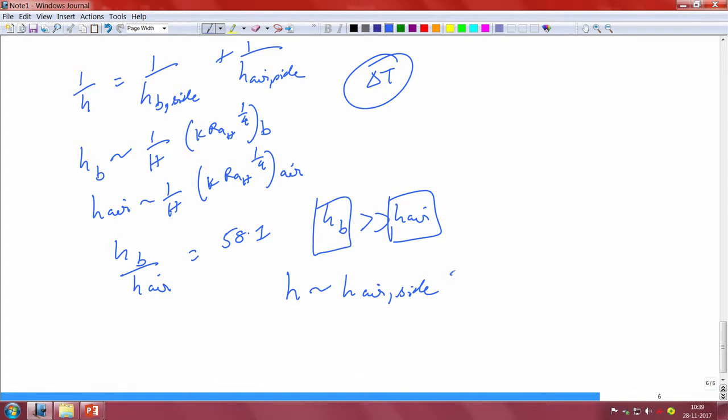Okay. So, this is basically therefore a constant times H raised to the power of 1/4, right. So, in conclusion, your T1 by T2, the time scale, is h2 by h1, which is basically H1 by H2. So, therefore, it is a ratio of the two heights essentially, right.